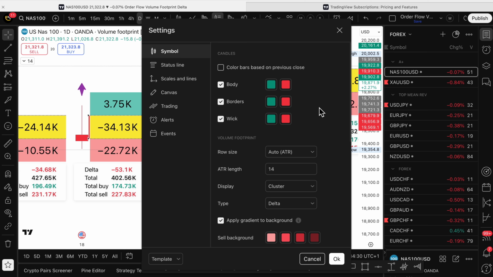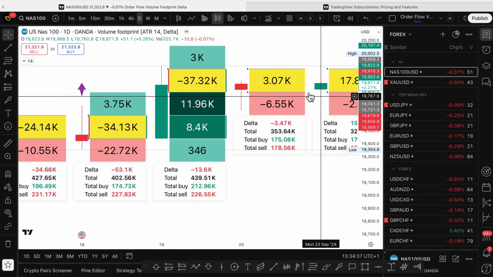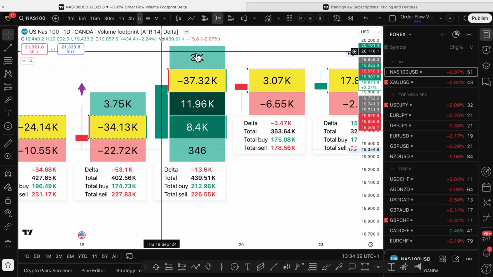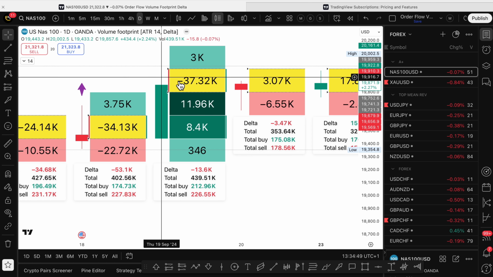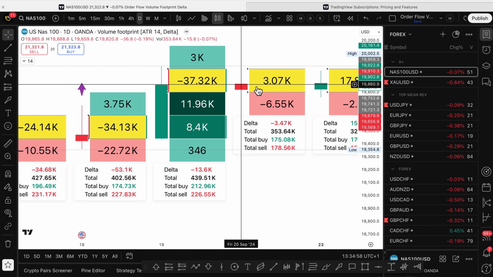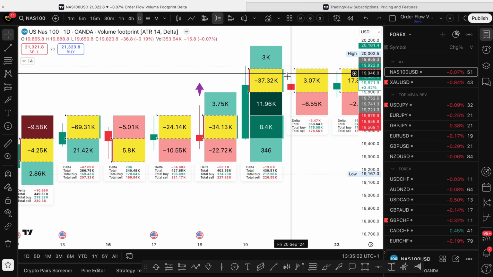The only thing I change is that by default it's on buy and sell, and I change it to delta. All it shows you is green, buyers were in control by 3,000 more than sellers. And as you can see here, we've got some big numbers. There were 30,000 more sellers in this area. And as you can see, the next day was a bearish day. So that is the volume footprint.